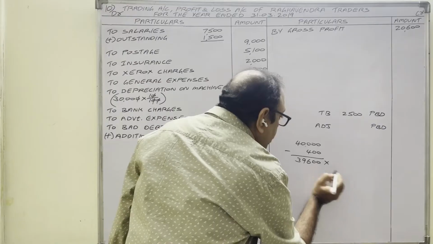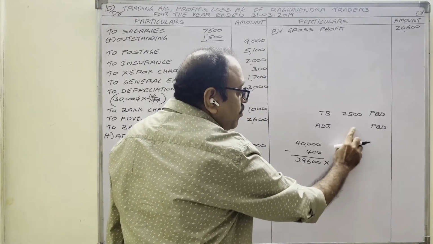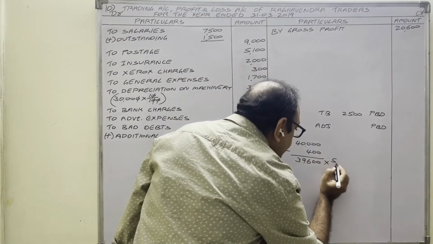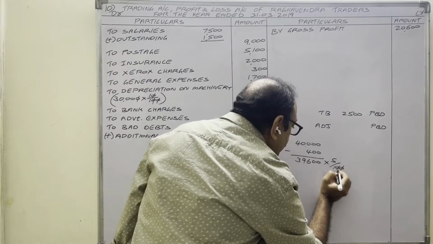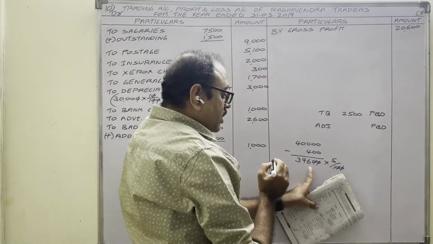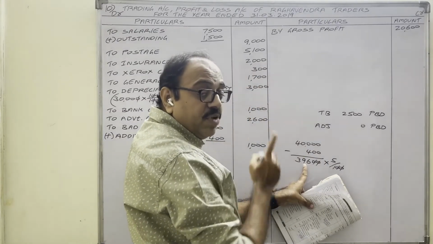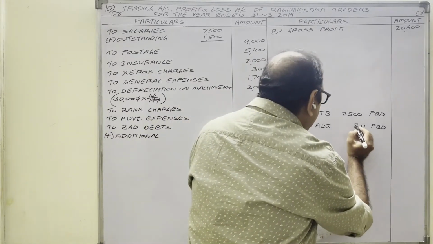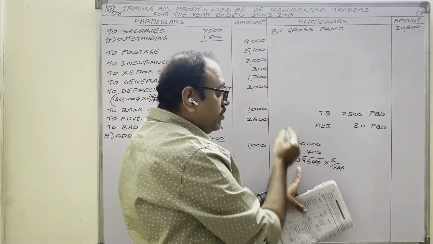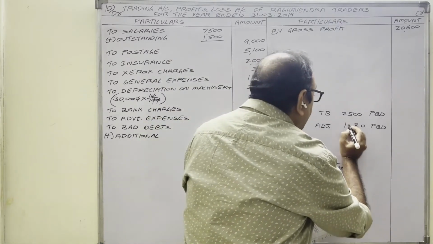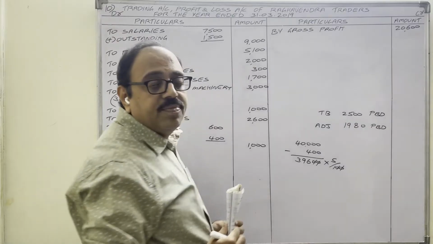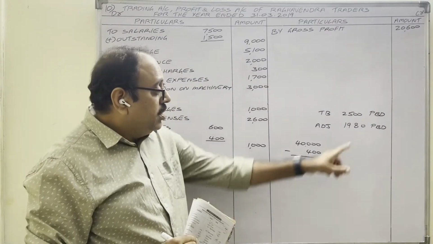On this adjustment PBD 5% we should calculate. 5 6 are 33. 5 9 are 45 plus 3, 48. 4 is there. 5 3 are 15 plus 4, 19. 1980. What is the meaning of this?